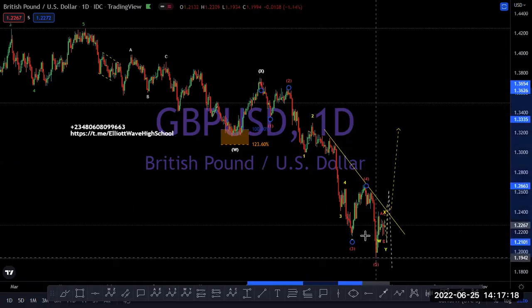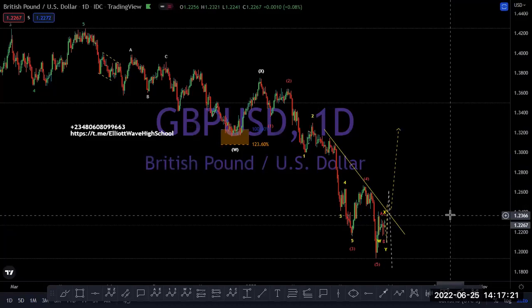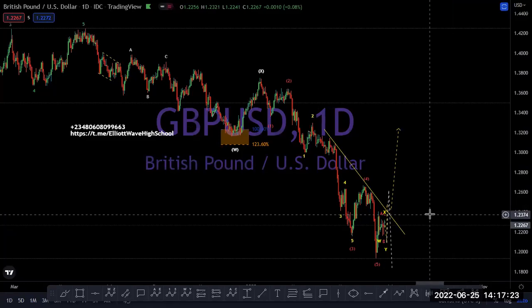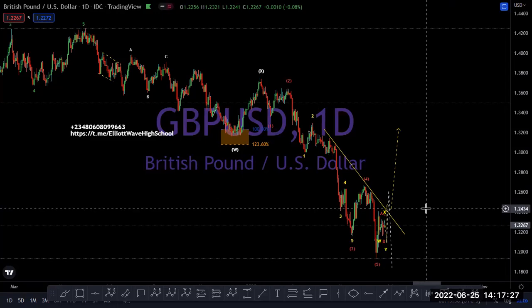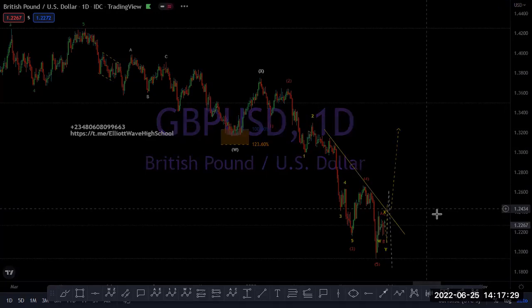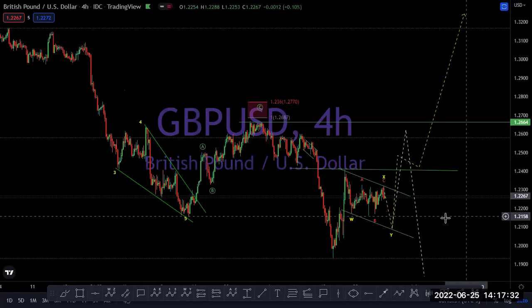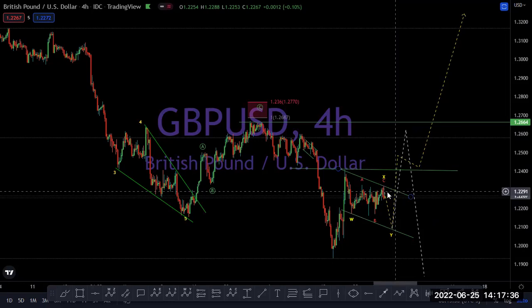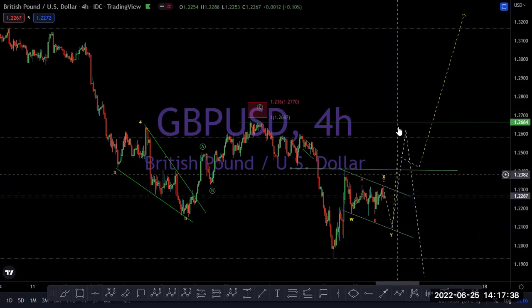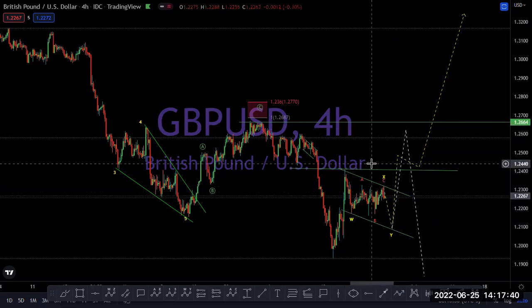The question now is whether we need to go deeper, just like EURUSD and DXY. We are at the reversal zone, but we need to go deeper. That's the question. So let's see 4 hours. 4 hours suggests that we will likely get a move like this. Then we buy. We have two scenarios.